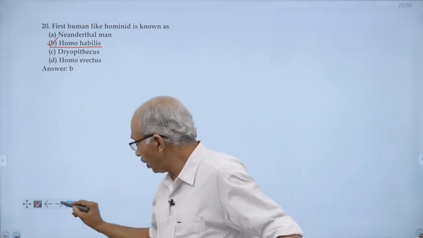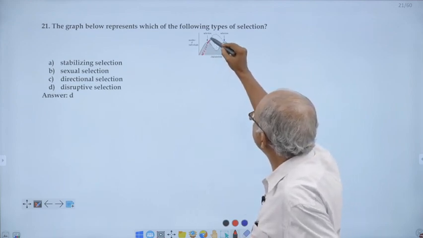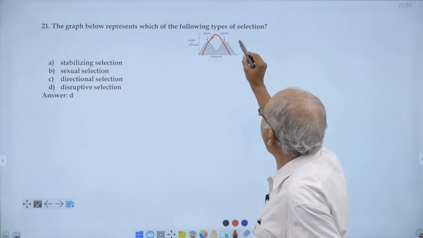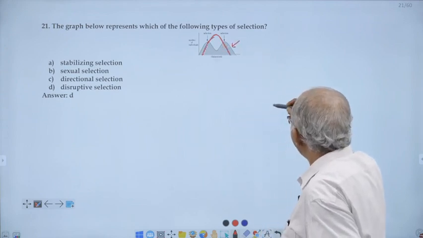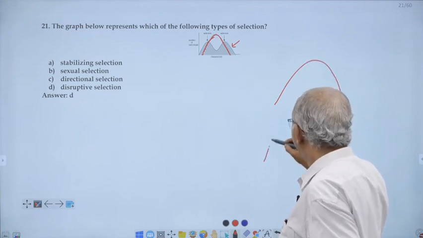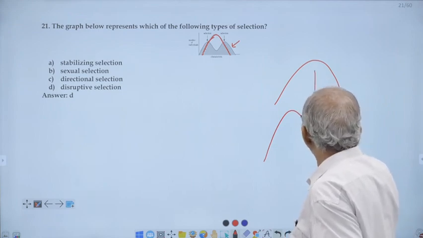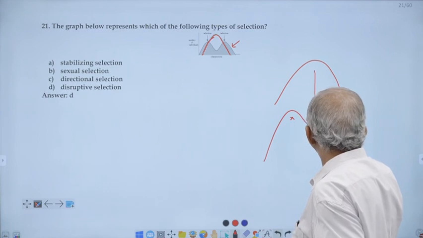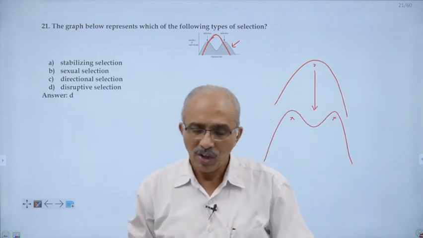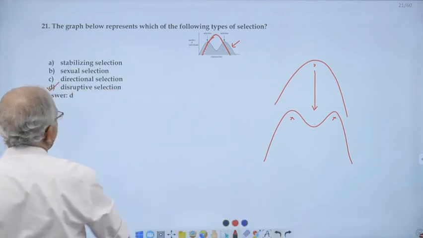Then, next, if a graph like this changed into a graph like this, a graph having only one peak, so by selection it changed into a graph with two peaks. What type of selection? It is disruptive selection.